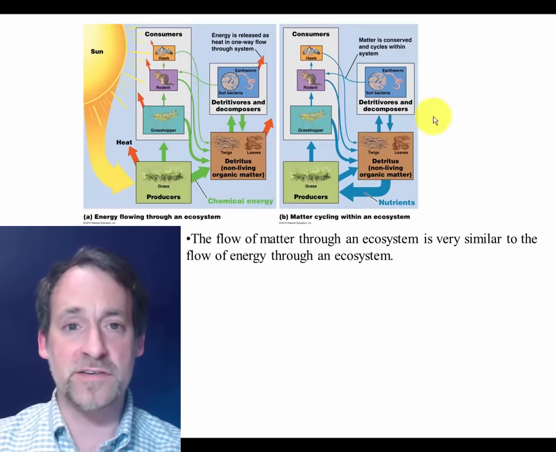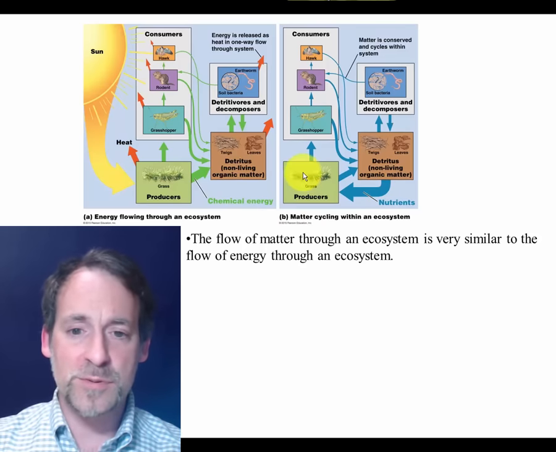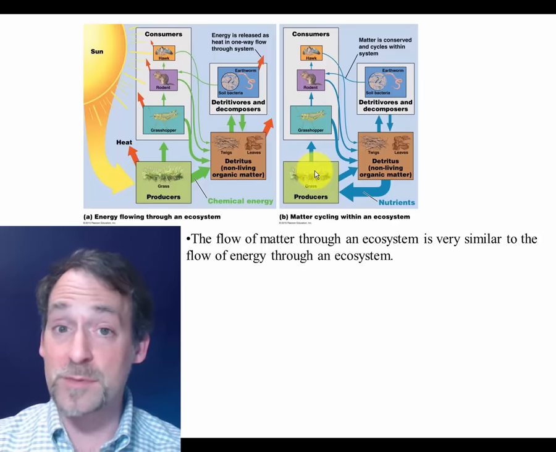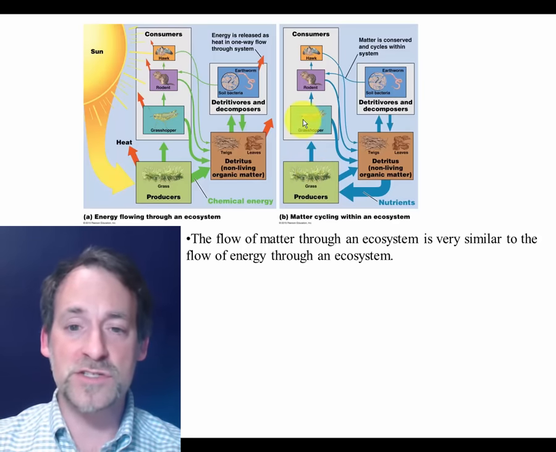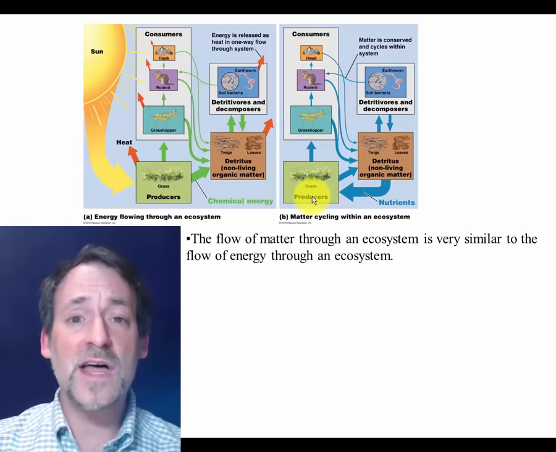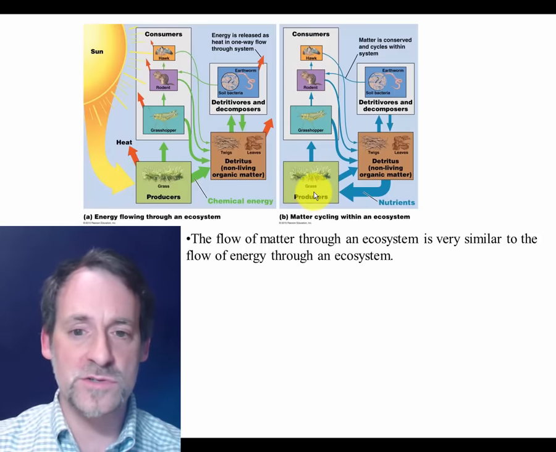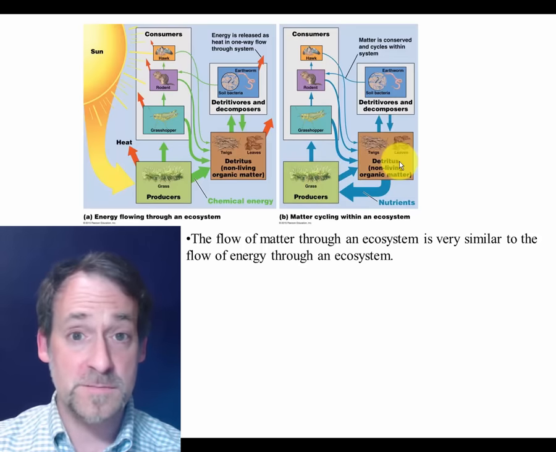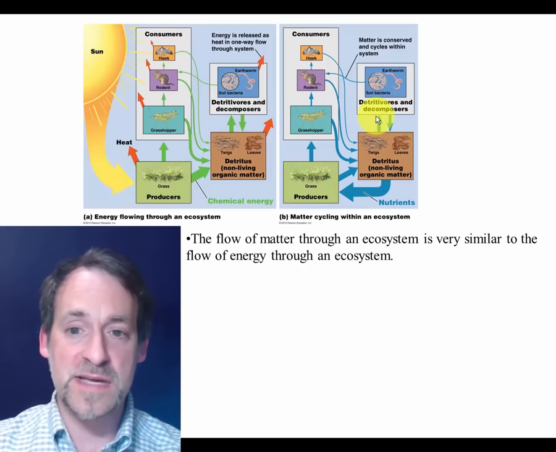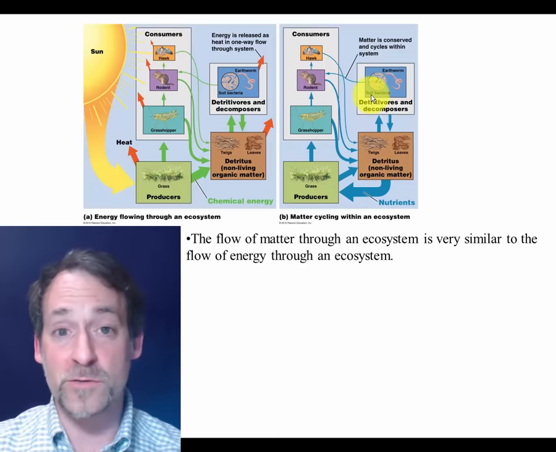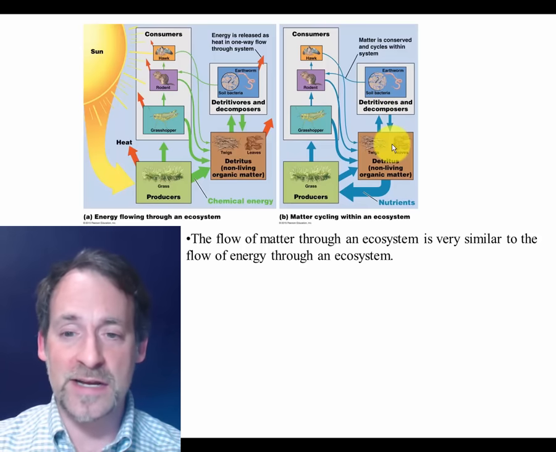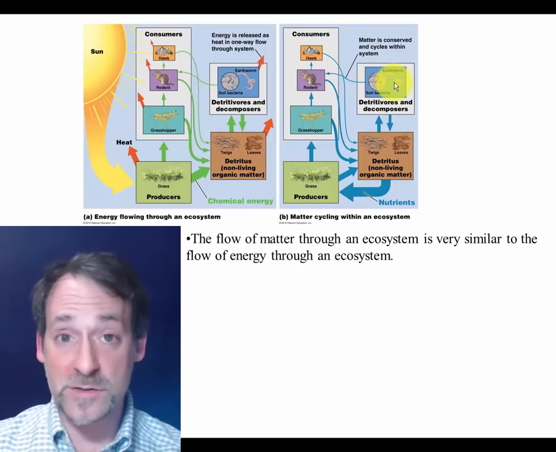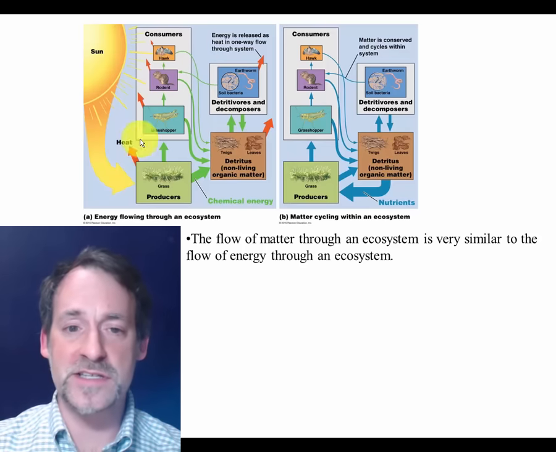And that's what's shown in this diagram over here. Producers, some of the atoms that producers are made up of, get consumed by primary consumers, some of their atoms get eaten by secondary consumers, and so on. But a lot of that biomass is going to die without getting eaten by anybody, and it becomes detritus. The atoms in that detritus may then get consumed by detritivores or decomposers, and then they may in turn become detritus, just like what you see in this diagram.